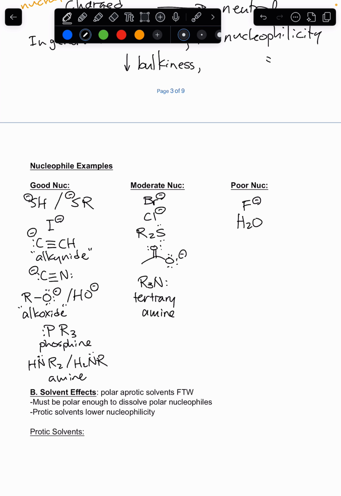Then neutral things like water are somewhat nucleophilic, and generically alcohol is also somewhat nucleophilic, but they're not strong enough to cause an SN2 reaction usually. I just want you to know they're somewhat nucleophilic. They're not good enough for SN2, but these can do SN1.